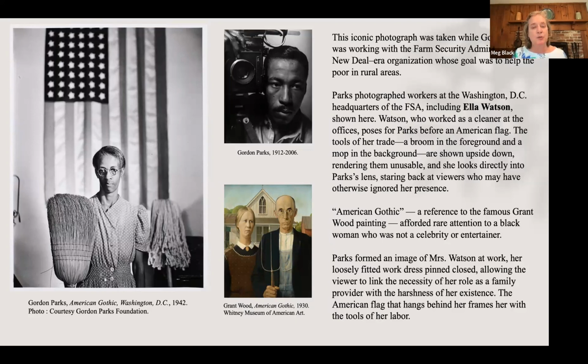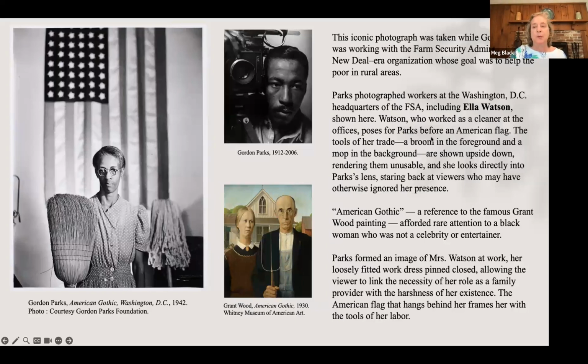So it's very unusual, though, in 1942 to hire a Black man, an African-American, to be part of this photography group. Gordon Parks was from Chicago, and he was a fashion photographer when he was hired to come to Washington and to photograph the people in Washington who were enduring the beginning of World War II.